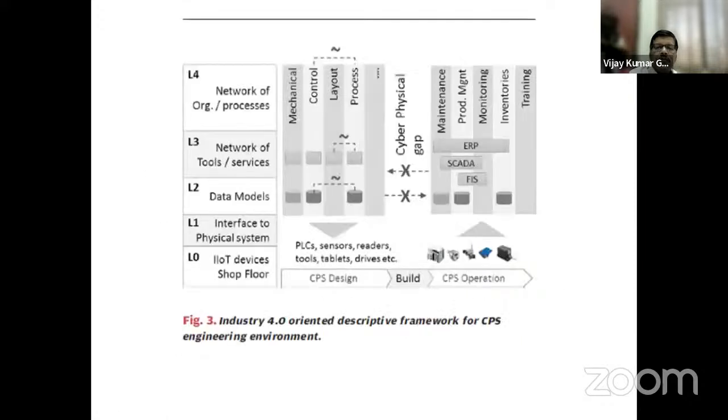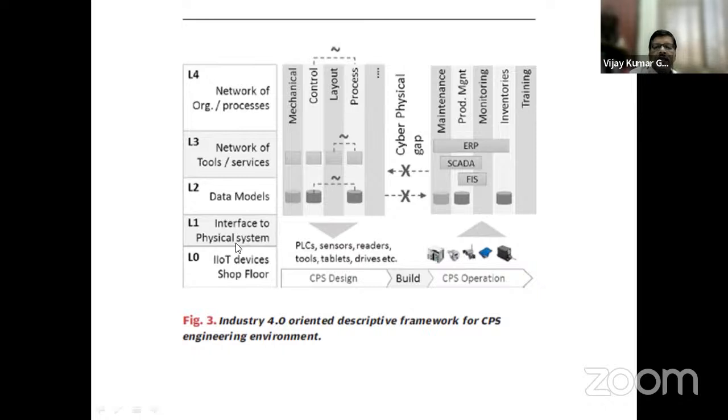Okay. So in the paper, they discussed basically how to interface. If you see this diagram, Industry 4.0 oriented descriptive framework for CPS engineering environment. Level 0 is IIoT devices, shop floor devices basically.